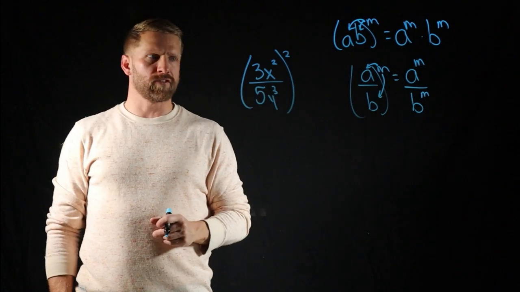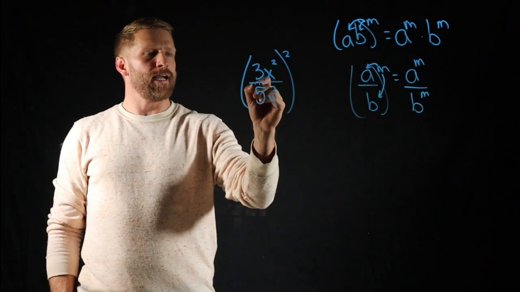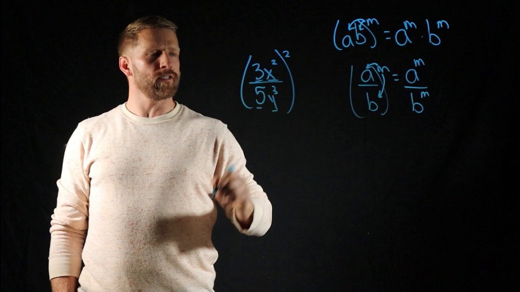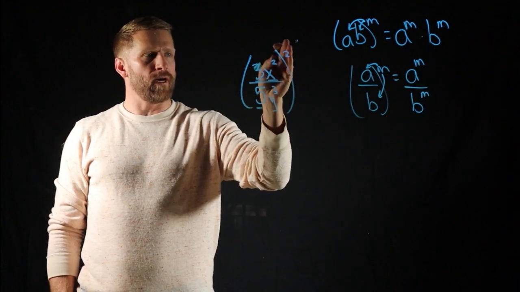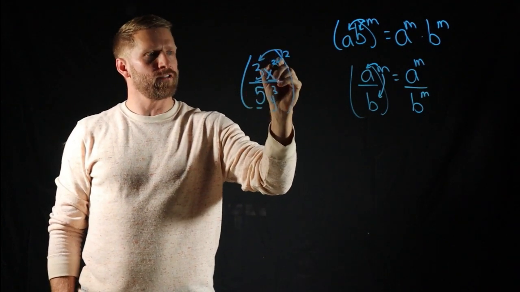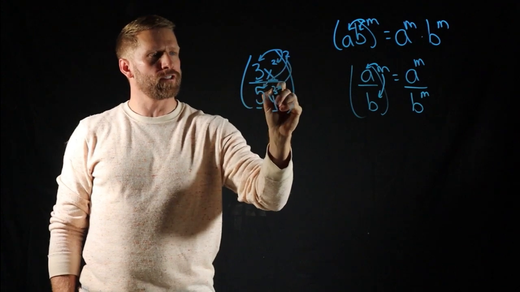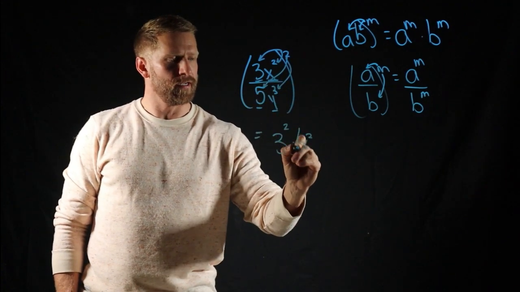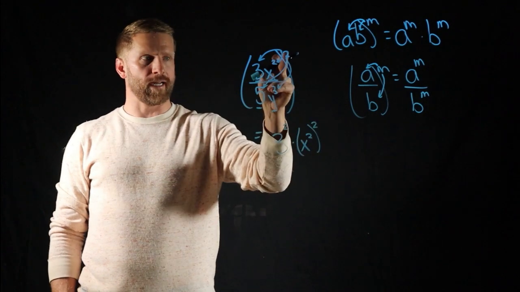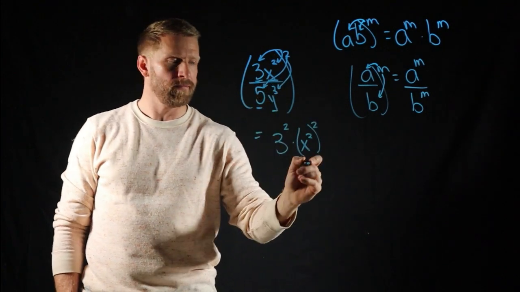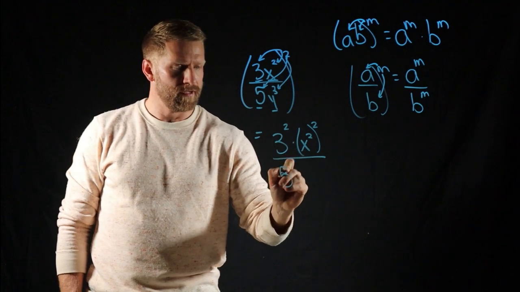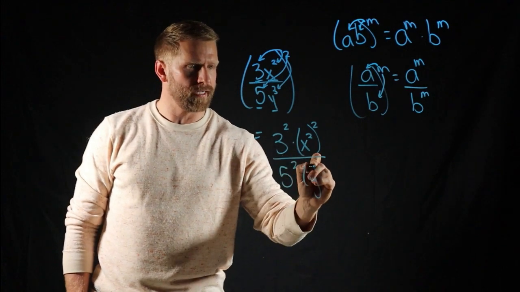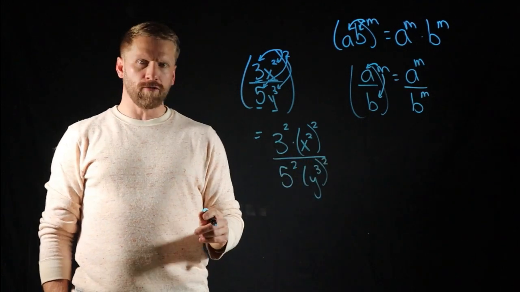The next example here is a quotient rule. Again, I have 1, 2, 3, 4 terms, and because I'm dividing to a higher power, I'm going to take that 2 to each of the 4 terms. So I get 3 squared times x squared to the power of 2. Again, I just took that 2 to both terms on the top. And I do the same thing on the bottom: 5 squared, and I get y cubed to the power of 2.